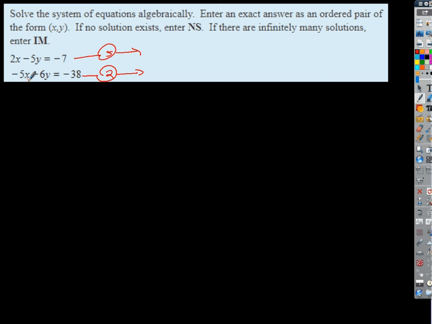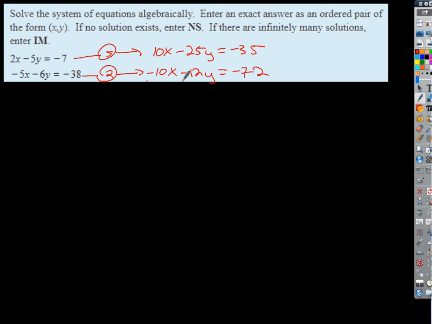So what do I get for all the stuff if I distribute a 5 through on the top? 10x. Negative 25y. Good. Negative 35. If I distribute a 2 through the bottom, there's my negative 10x. What else? 12y equals negative 76.